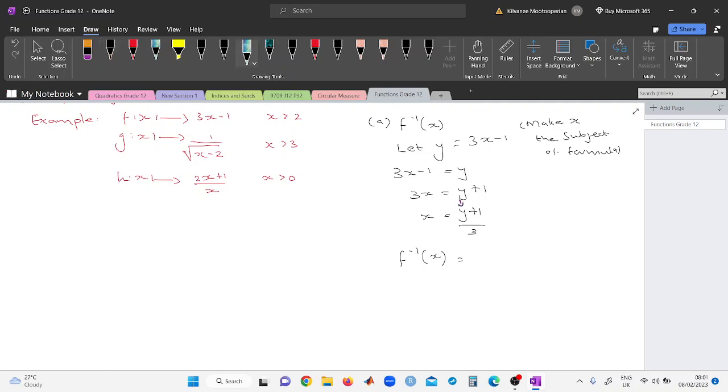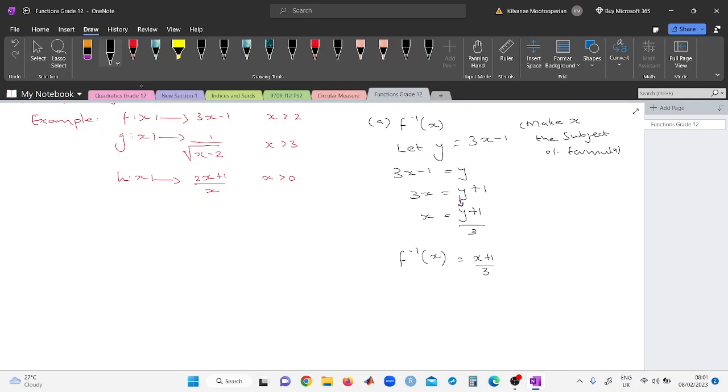Côté là y, maintenant je vais remplacer par x. Donc, the function will be x plus 1 over 3. D'accord? So, this is my function f inverse of x. This is how you find the function.